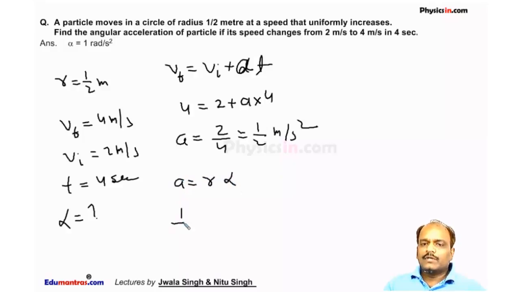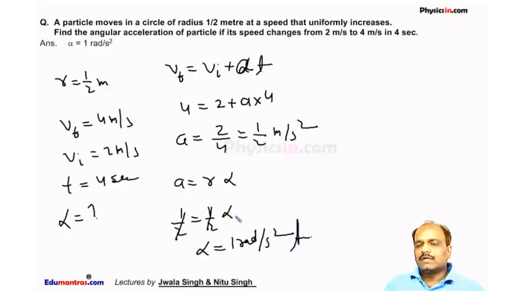So 1 by 2 equals 1 by 2 into alpha, and alpha comes out to be 1 radian per second square. This is the angular acceleration of the particle.